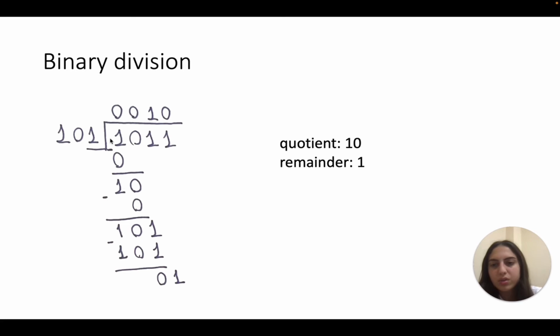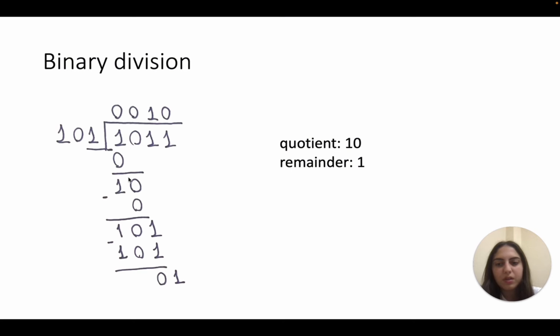So we start by comparing the first number with our divisor, and 1 is smaller than 101. That's why we need to write 0 here, because we only have 0 and 1, and we can't write 1 here because 1 is not divisible by 101. Then we subtract that 0 from 1 and we get 1.